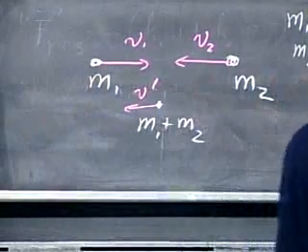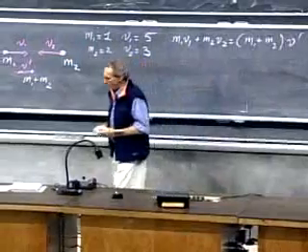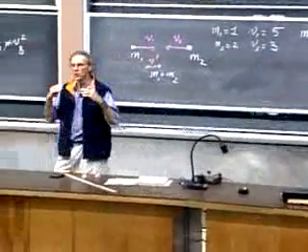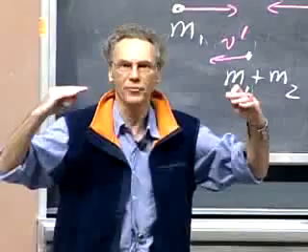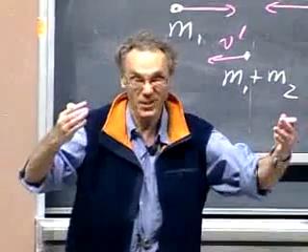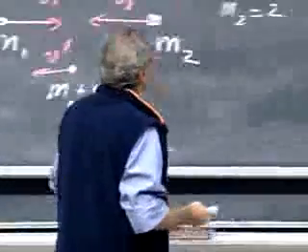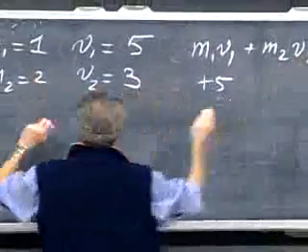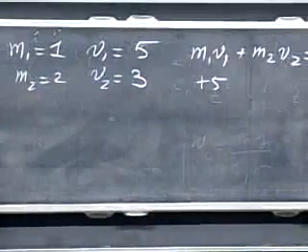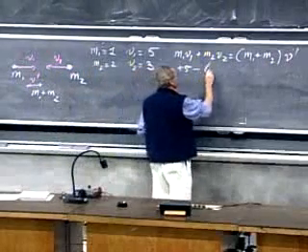You may say, hey, you forgot your arrows here because this is a vector equation. Yeah, I purposely forgot them because this is a one-dimensional case. You can always leave the arrows off because the signs take care of it. And you, of course, have to be careful. Namely, you have to put the minus signs in when needed. m1v1 is 1 times 5, that is plus 5. m2v2 is going to be negative because I must now observe this as a minus 3, so I get minus 6.